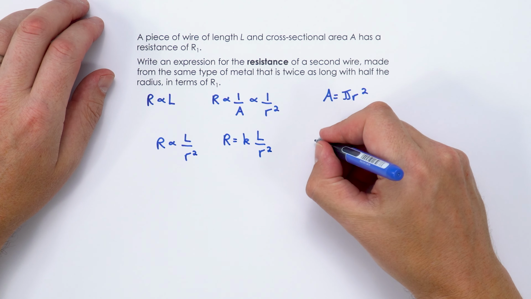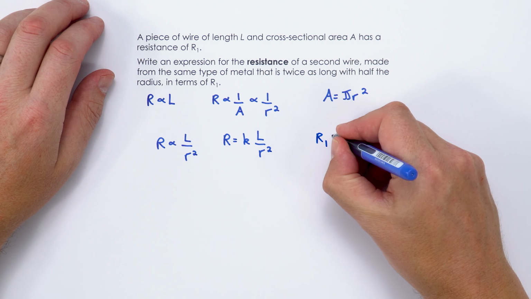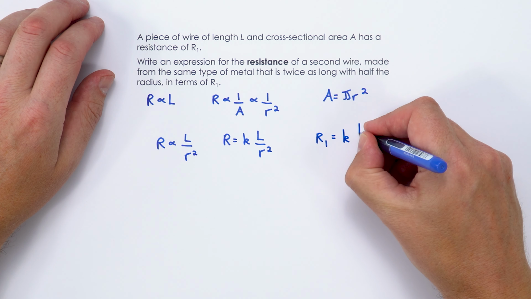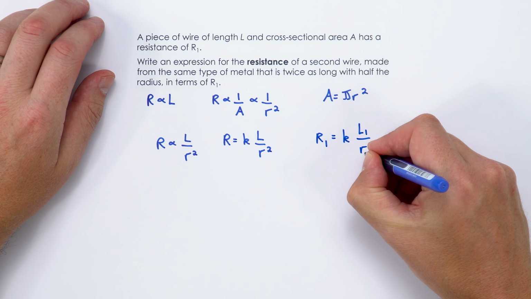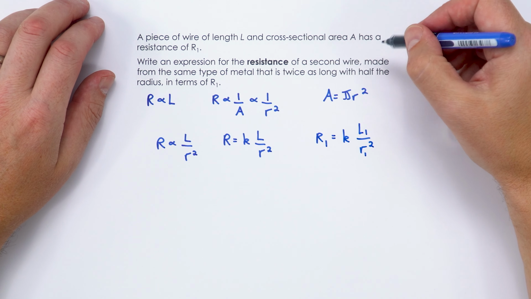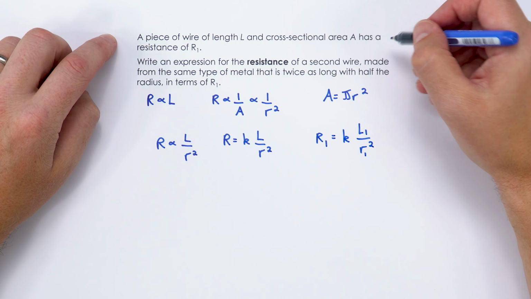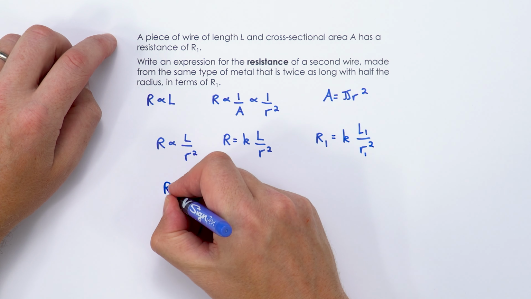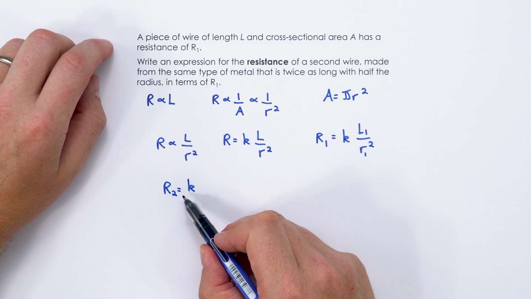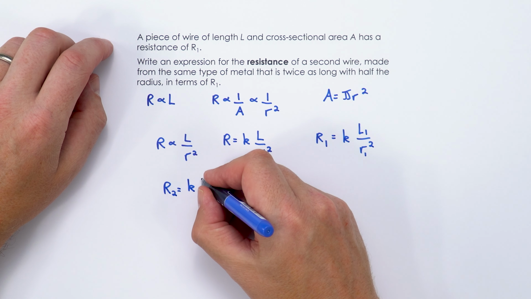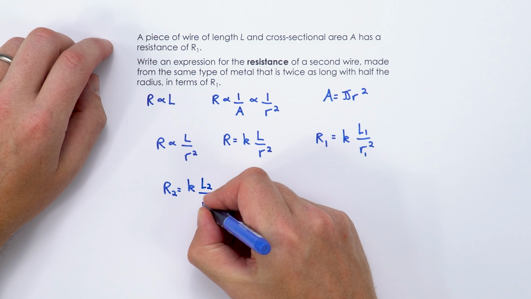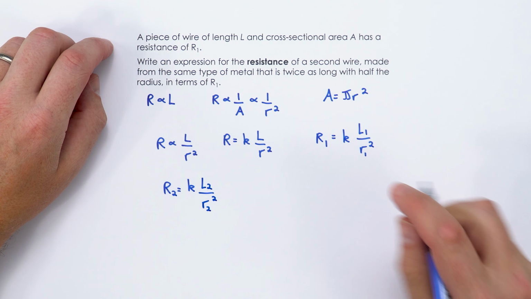So we could say, for example, that R1 is equal to k L1 over r1 squared, where 1 is just going to refer to that first wire. If we want to find the value of R2, well, that's going to be equal to k times L2 over r2 squared.